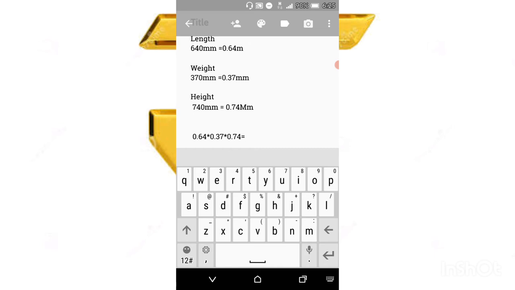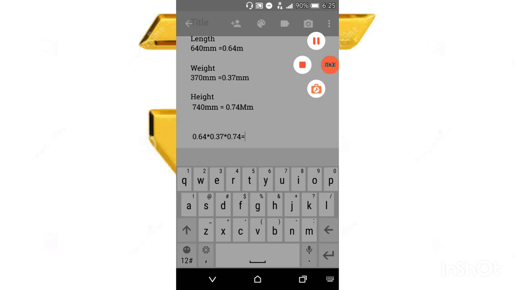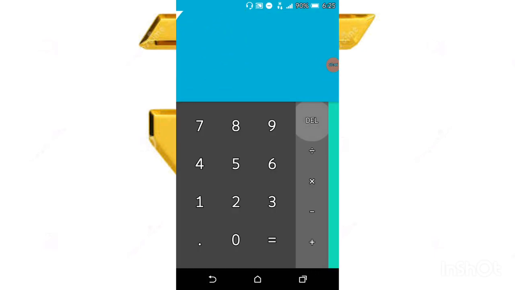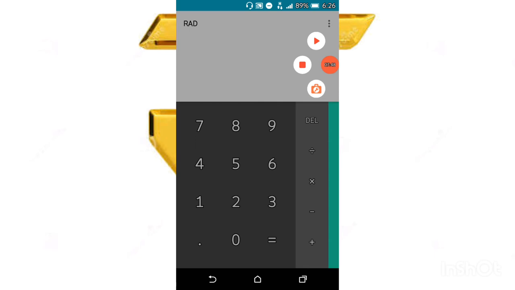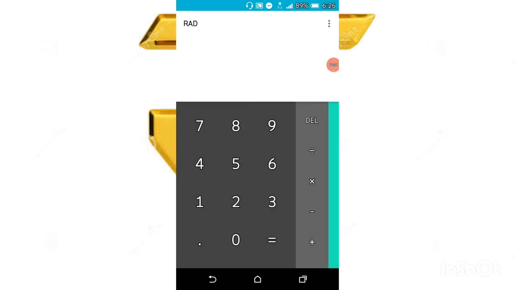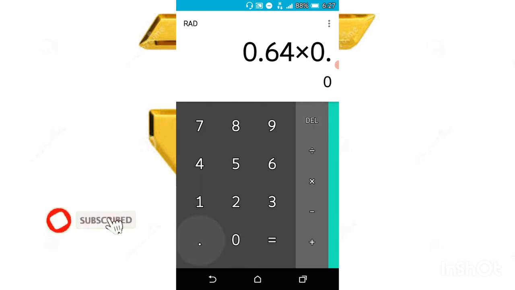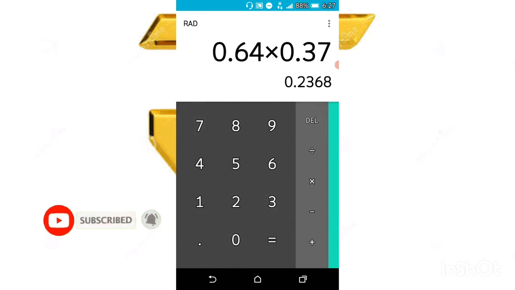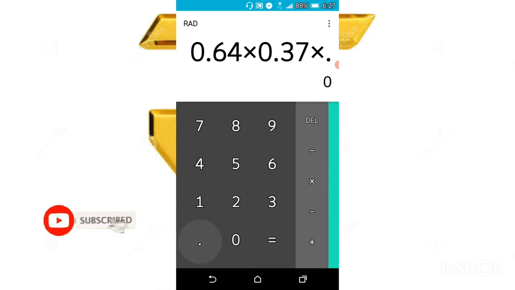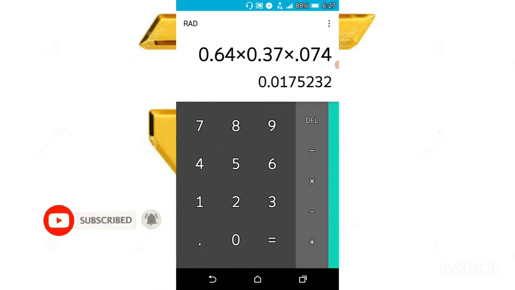So let me go to my calculator. So guys, this is my calculator. We have 0.64 for the length, times the width, which is 0.37, times 0.74.